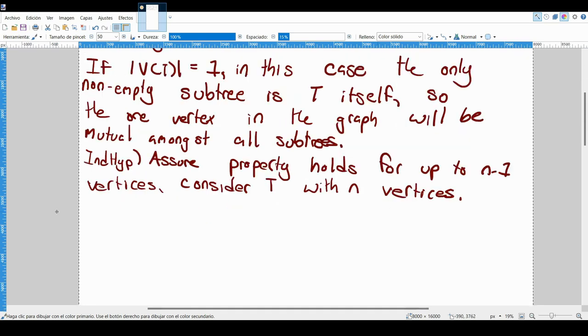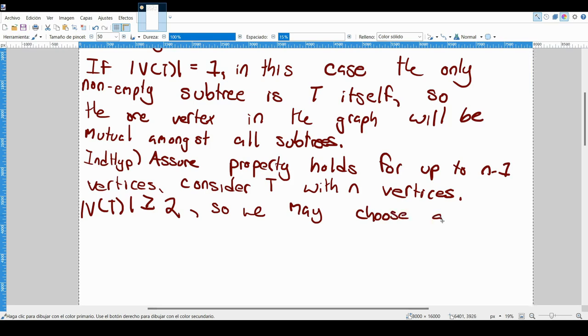Because our base case is 1, we know that the amount of vertices is going to be greater than or equal to 2. So this means we may choose a leaf V. We know there's a leaf because it's a tree. And we let U be the unique neighbor of V.